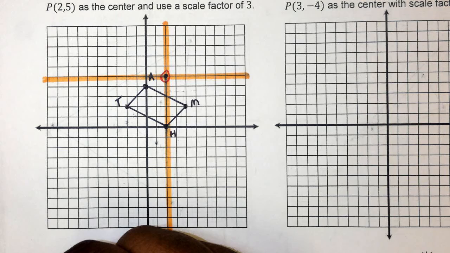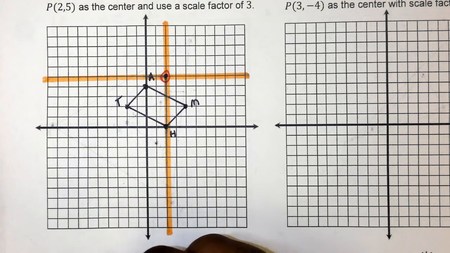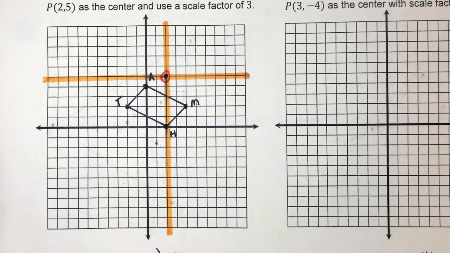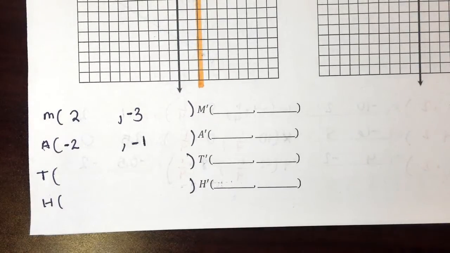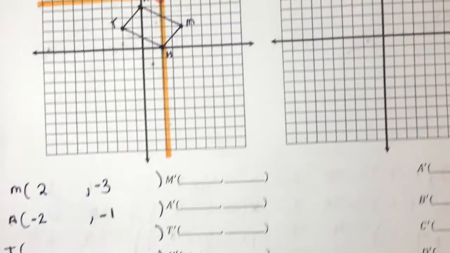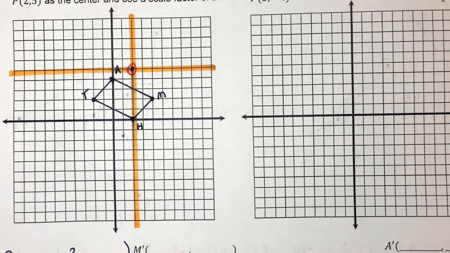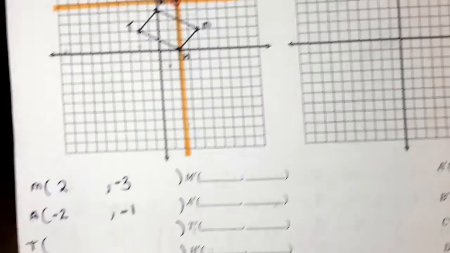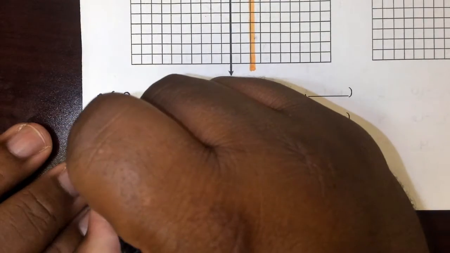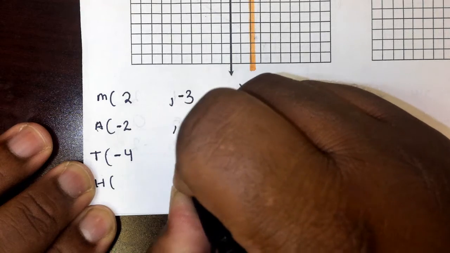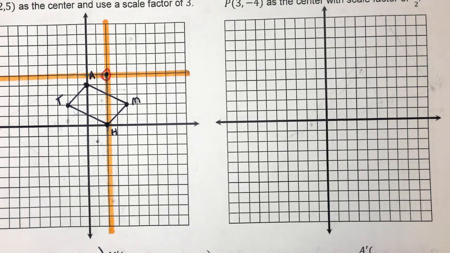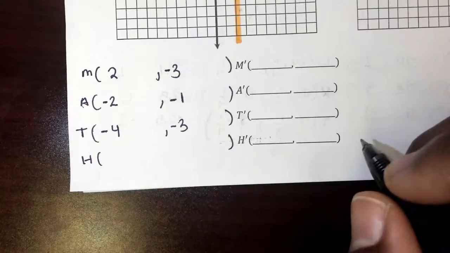Make sure y'all see it. I wrote it down here too. And then the next one, T. Say it one more time. Okay. T is at -4, -3. And then the last one, H. 0, -5.